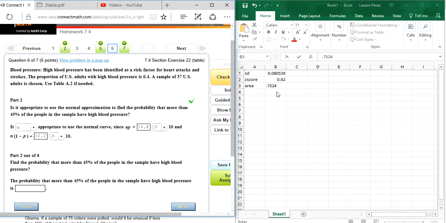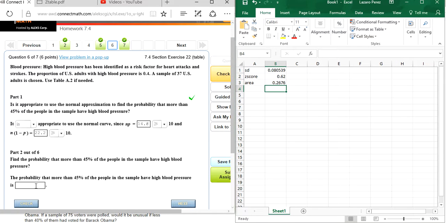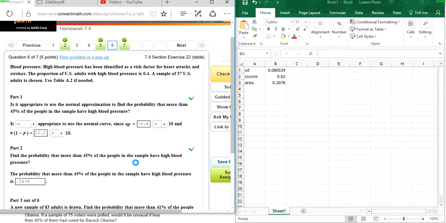So when they ask for more or greater, we have to use the complement. So we have to subtract our probability: 1 minus 0.7324, and bam. So that will be our answer, 0.2676. All right, check. Perfect.